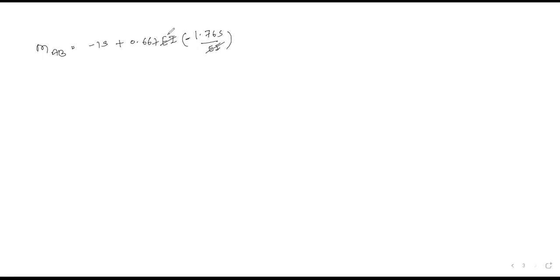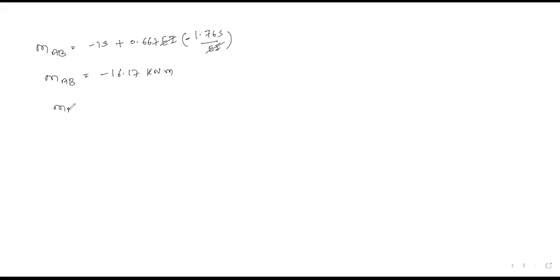Okay, it becomes minus, minus 15. So MAB is 16.17. Okay, MAB should be equal to minus 16.17 kilonewton meter. I hope it is clear.